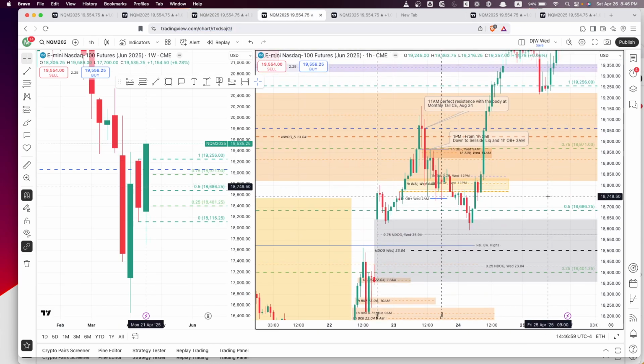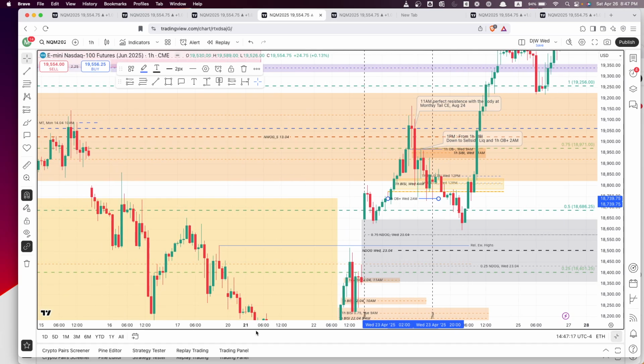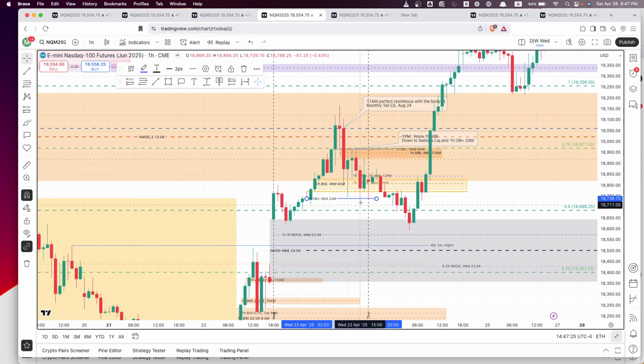And if we look on the 1-hour, we have this new day opening gap. It doesn't go below it, it just stays here. We have this 1-hour order block, and here we are in this new week opening gap from this week. 75 level, and we see this very back and forth price action.